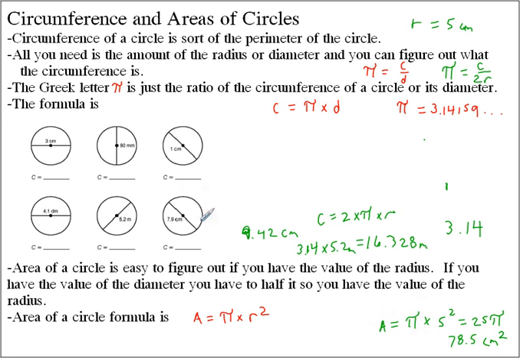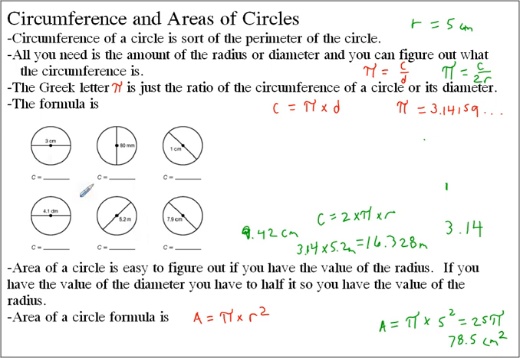Now, one thing a lot of people do when they approach these sorts of problems is look at this one over here and say, oh, we got 3 centimeters, so the area must be 3 times pi. And that's not right. You have to change that to a radius, which is going to be 1.5 centimeters.